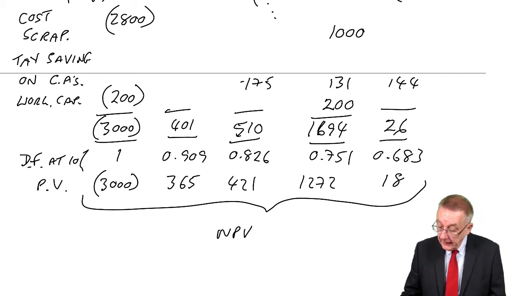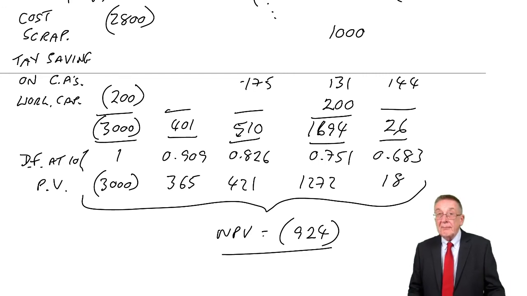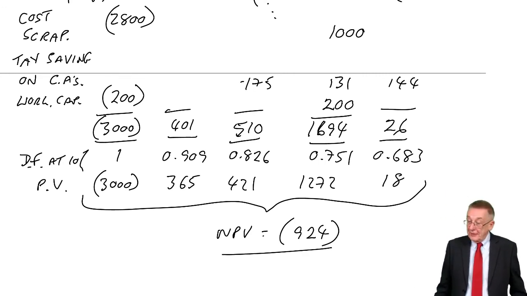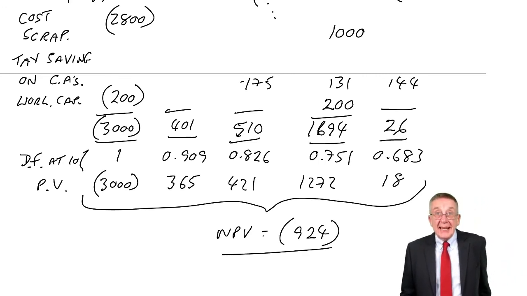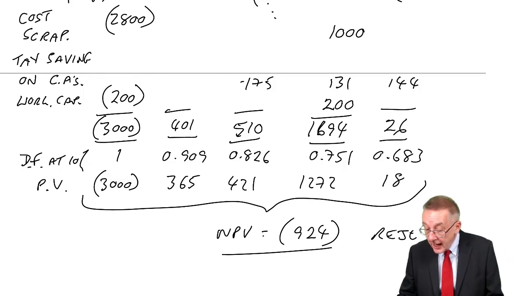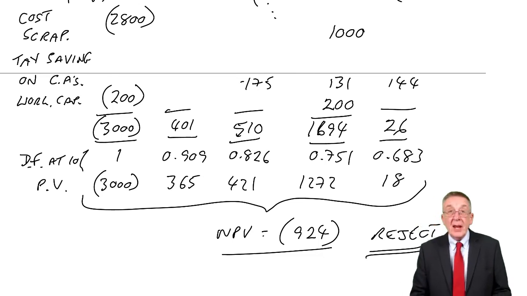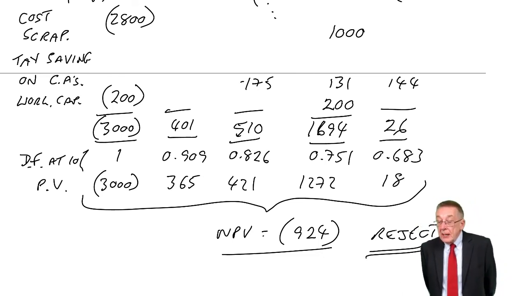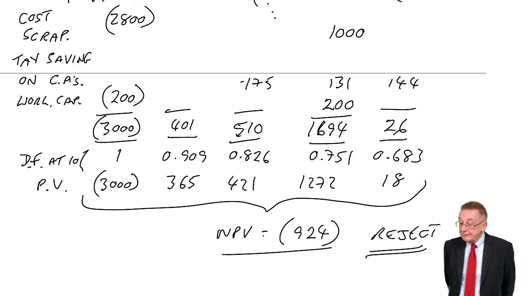The NPV, I get to be minus 924. And so, of course, after all of that, we've ended up with a negative net present value, and therefore we would reject the project. Now, a couple of things before I leave this.